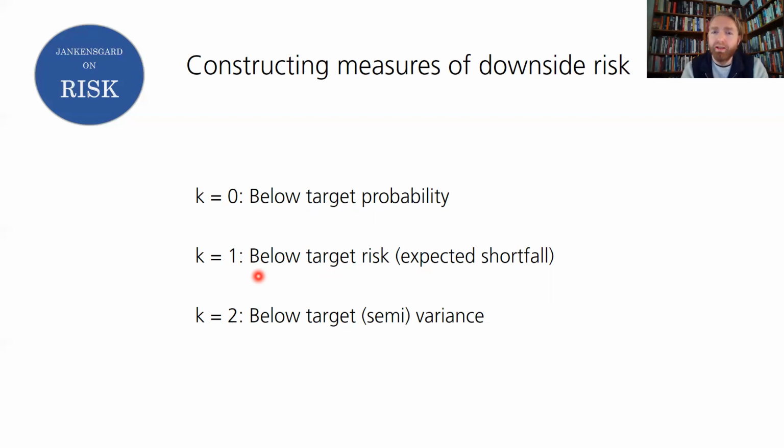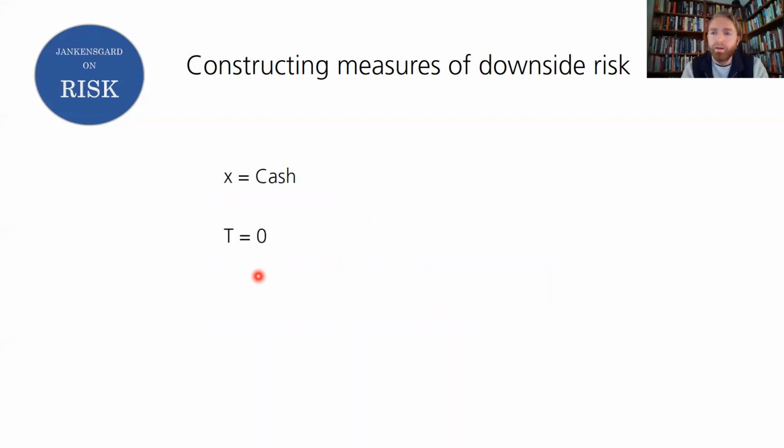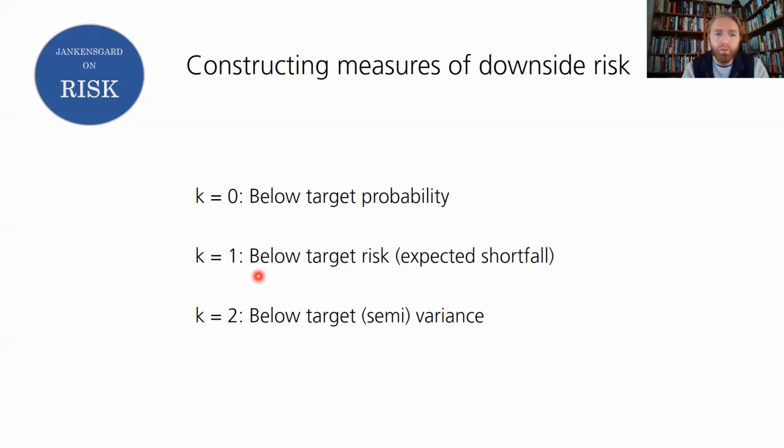You probability weight the shortfall. Whenever K goes above 1, you apply progressively larger penalties the larger the shortfalls get, so that you're saying that a large shortfall is disproportionately worse than a small shortfall relative to the threshold.